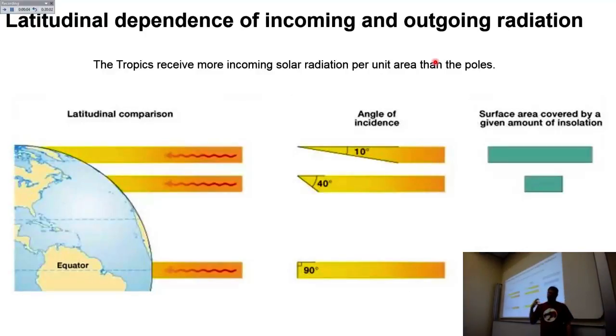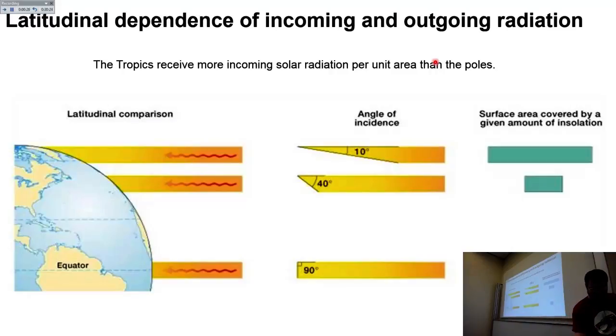So the simple equation for the temperature of the Earth doesn't take into account the fact that at the equator we get more energy arriving per square meter, because at the poles sunlight is spread out over a wider area.